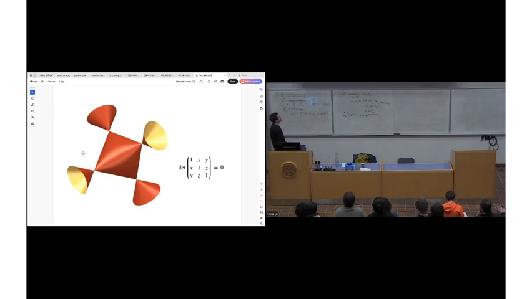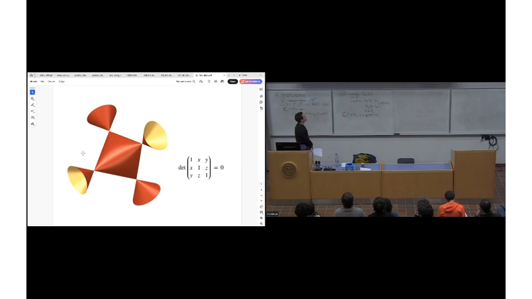The boundary of this samosa is a cubic surface, and it's given by that very nice equation. You can expand the determinant and get a polynomial in x, y, and z. That defines the boundary of this elliptope. It's called the elliptope. It's an example of a spectrahedron.